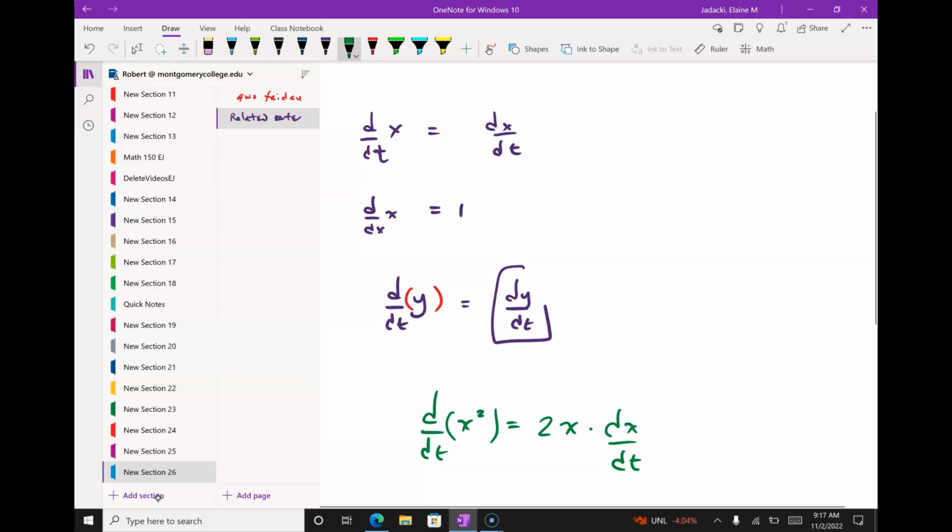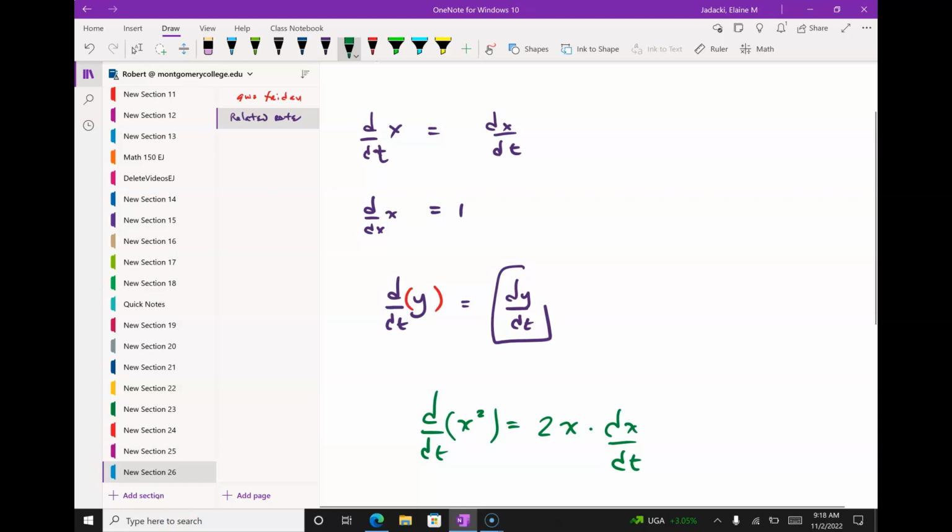Yes, Calista? Yes, but remember what this is. This is the derivative of the inside function, right? We know the outside function is a square function. We know the derivative of the square function is 2x, right?